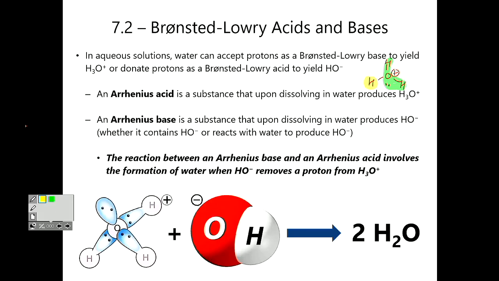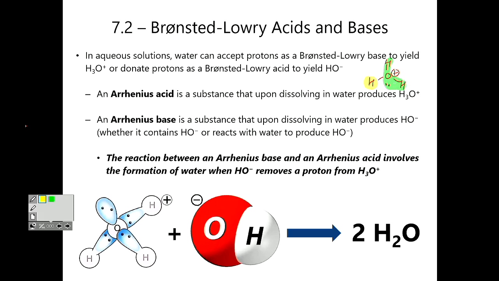So technically, water is acting as a Lewis base, and it's picking up a Lewis acid, which happens to be a proton. You can also look at it from the perspective of a Bronsted-Lowry definition. Water is the Bronsted-Lowry base that is picking up a proton from whatever Bronsted-Lowry acid is providing that proton, and in doing so becomes hydronium.